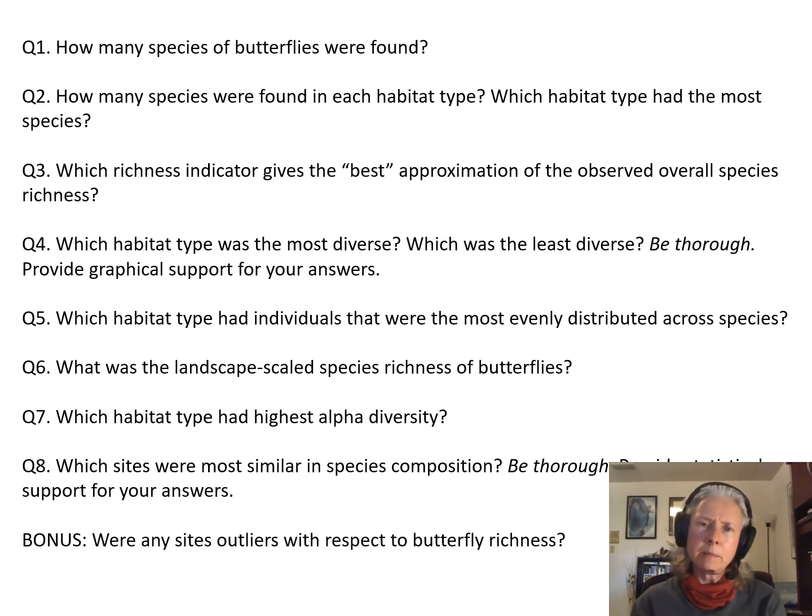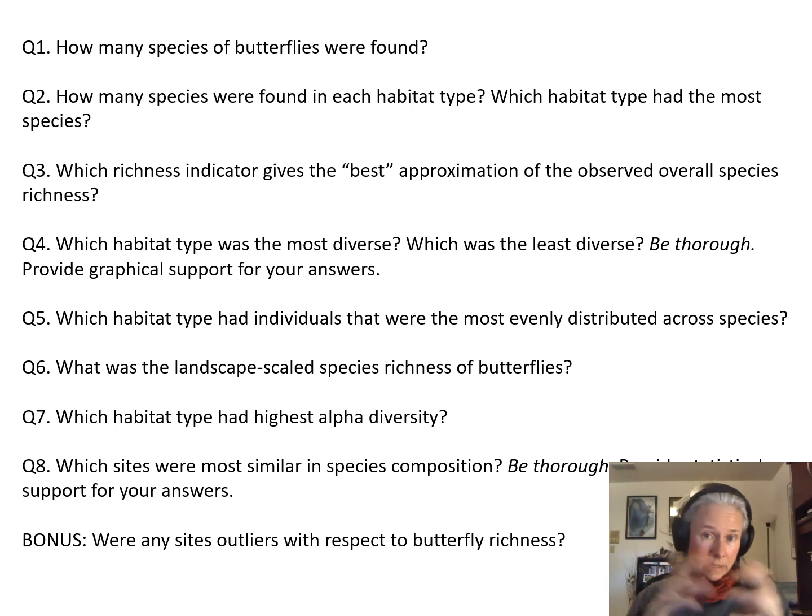Which habitat type is the most diverse and which was least? And provide some support for that. In other words, make a graph that would help prove your point. Which habitat type had individuals that were the most evenly distributed versus which ones were more dominated?